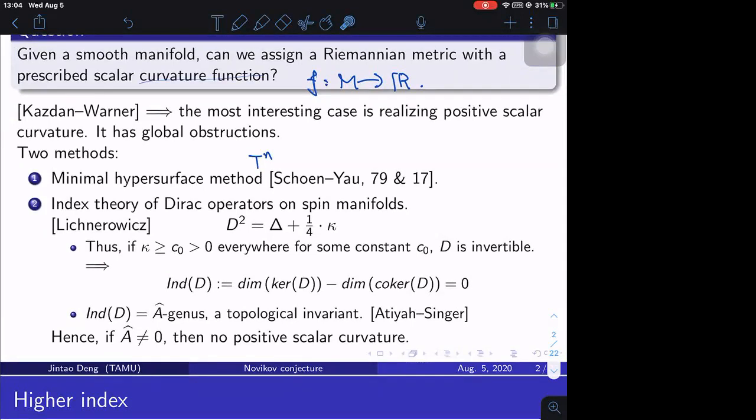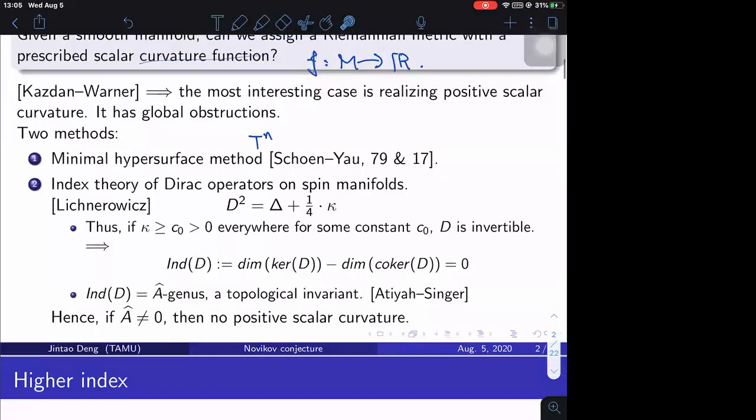The baby version of it is Lichnerowicz's formula on the index theory of the Dirac operator on a spin manifold. If you have a Dirac operator D on a spin manifold, the formula tells us that D squared is equal to the Laplacian plus one quarter times the scalar function, where kappa is the scalar curvature.